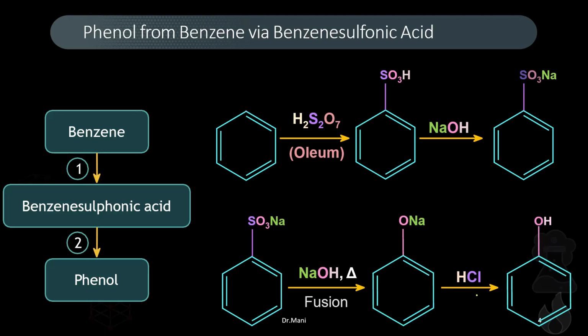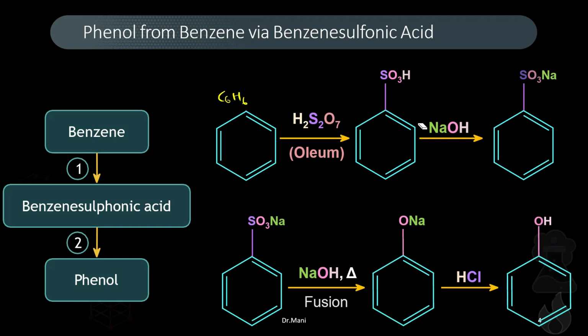Okay. So you can see here, first what we are doing, the formation of this benzenosulfonic acid. So how we are doing, we are taking the benzene, which is C6H6, and you are treating with H2S2O7. So H2S2O7 is nothing but oleum. Now this oleum, when you treated with this benzene, you got the benzenosulfonic acid.